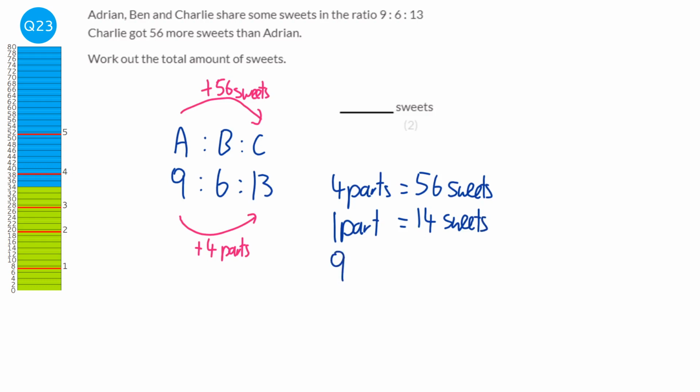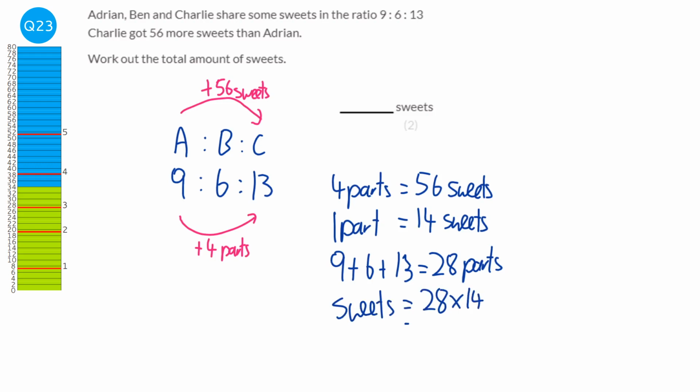Well, there are 9 plus 6 plus 13 parts, which is 28. And each part is worth 14 sweets. So the total number of sweets will be 28 times 14, which is 392.